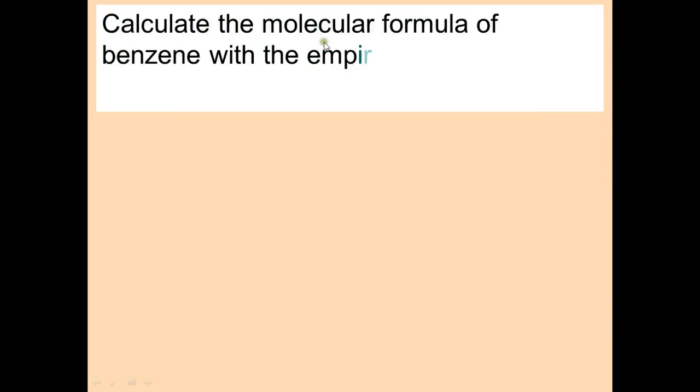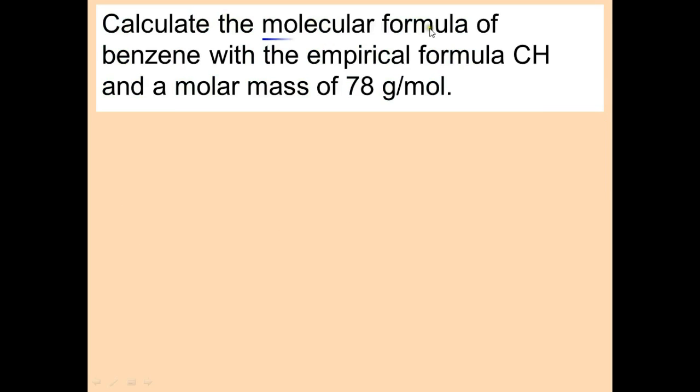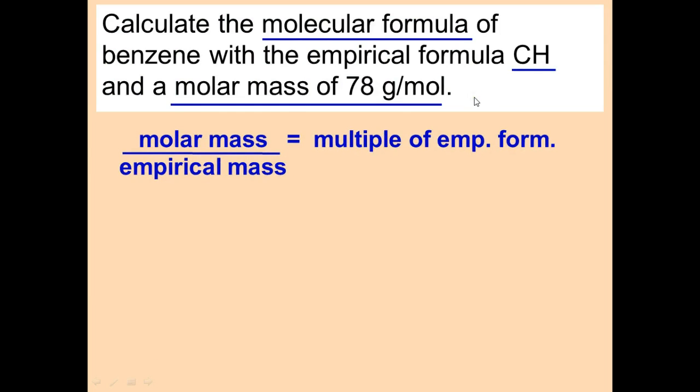Here we have one more problem. Calculate the molecular formula of benzene with the empirical formula CH and a molar mass of 78 grams per mole. We want to find the molecular formula, so we do the same exact thing. First, the formula: molar mass divided by the empirical mass gives you the multiplier for the empirical formula.